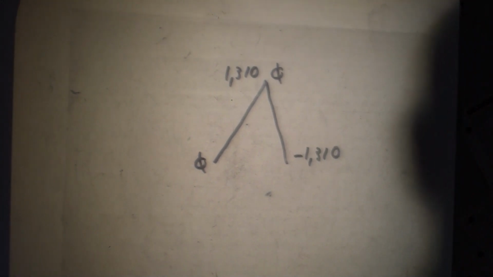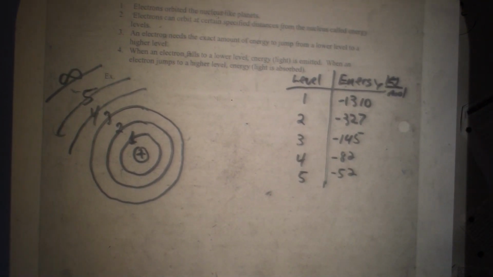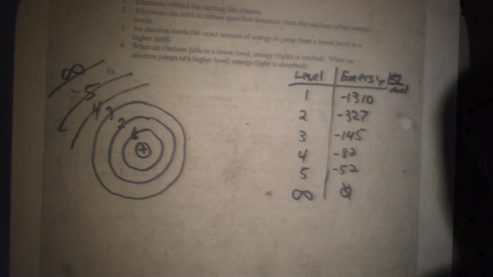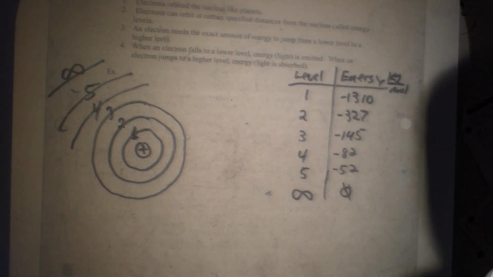That's what they did with the atom. They said at infinity, the value is 0. So at infinity, there's 0 energy, and then everything is measured off of my 0 point, which in this case is at infinity.